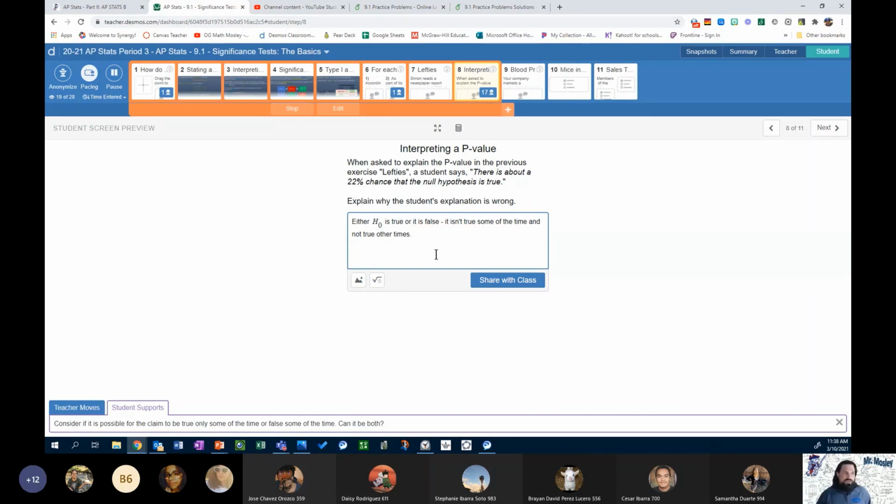The 22% chance applies to the probability of getting that result based on the assumption that the null hypothesis is true.